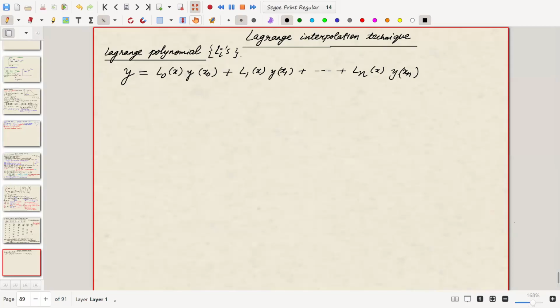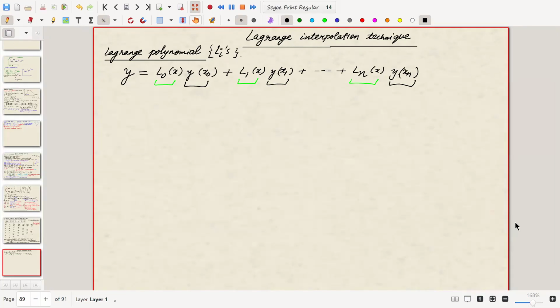Do you know y at x0, y at xn? Yes, of course, because that is what is given to you. All these are known to you. What is unknown? L0(x), L1(x), and so on till Ln(x) are unknown. These we have to find. So you have to find the expressions for these Li's. That's your goal.